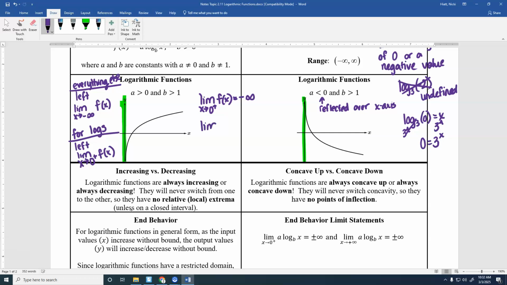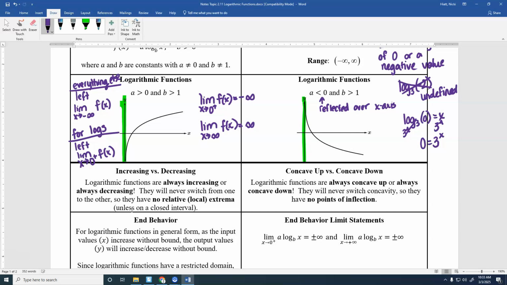If I do the limit as x approaches positive infinity of f of x, because the right side does go to positive infinity, what do you guys think for that one? Okay, it is positive infinity. It feels a little bit like that has a horizontal asymptote, like it's not going up fast. It's growing slowly there. But logs are inverses of your exponentials.